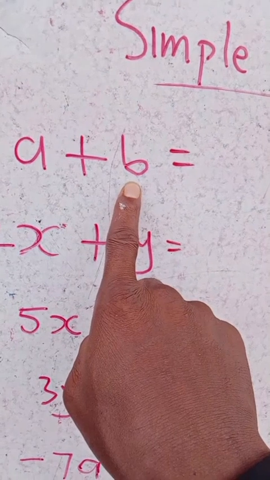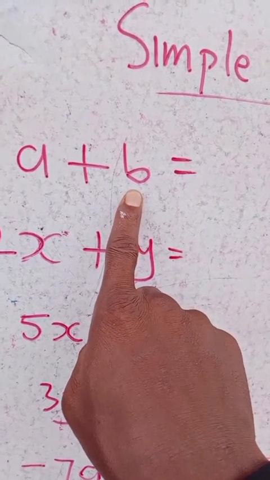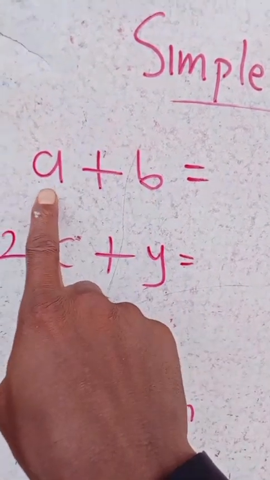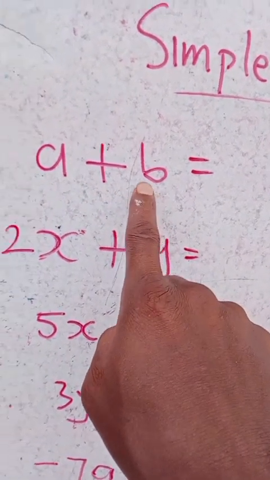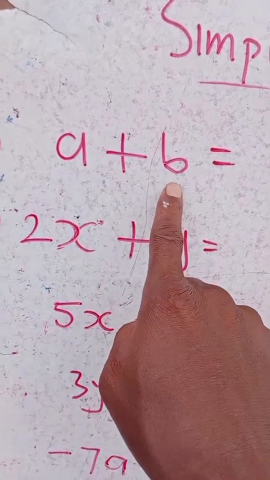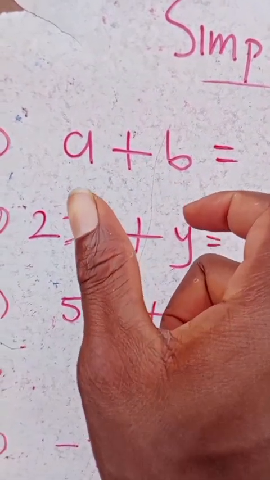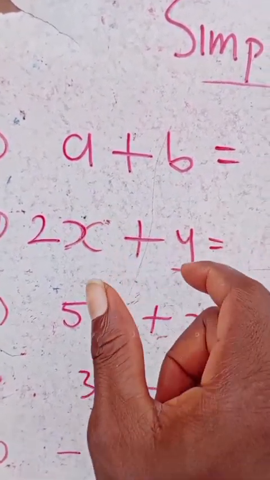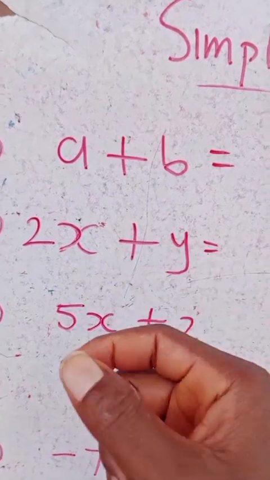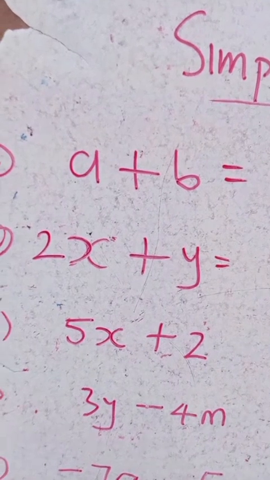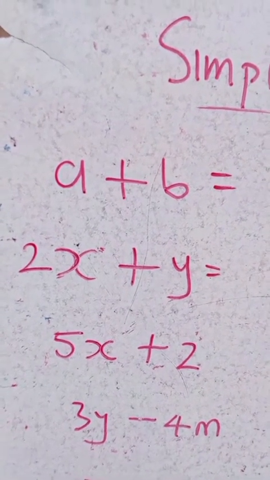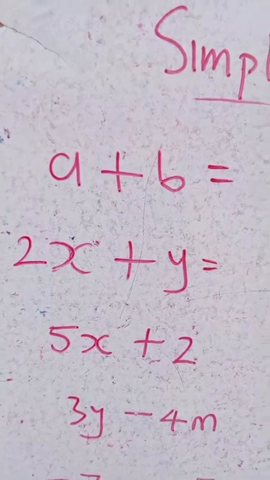It's just like one goat plus one dog. The goat and the dog are two different species, so you cannot add them. Can you add one goat and one dog? Add it and give me the result.